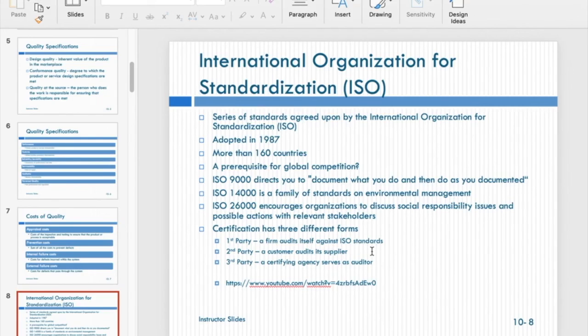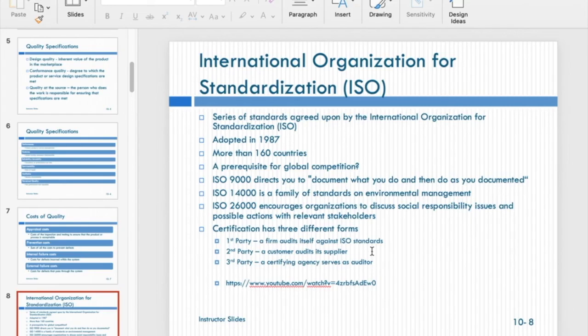The second way, if the customer audits the firm based on ISO 9000, sometimes there are two different types of issues. First of all, when the customer monitors the firm, they may set a very high level. They may not just use ISO 9000 to make an acceptable product, they may actually want to make a perfect product for themselves. But that will incur a lot of cost for the company.